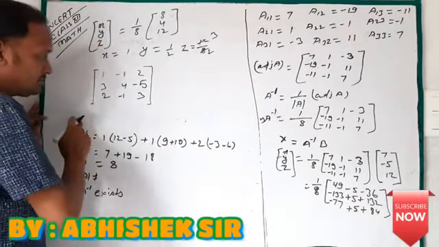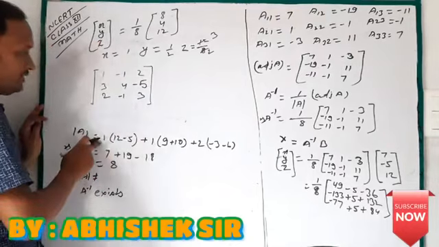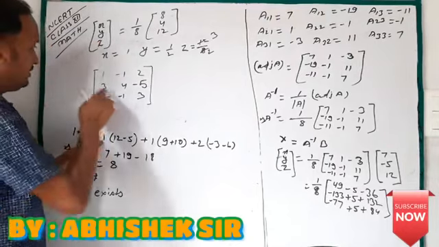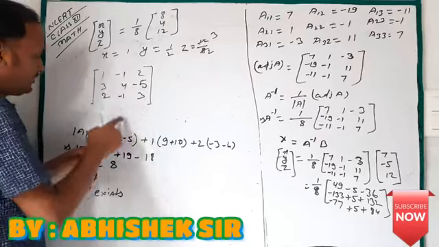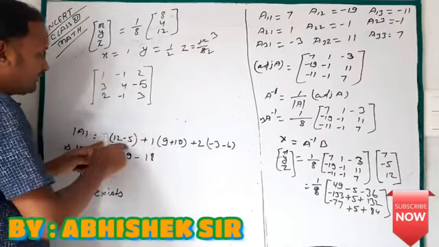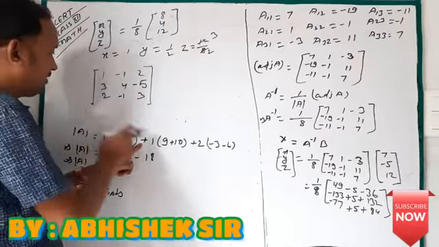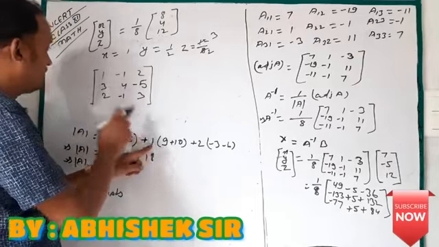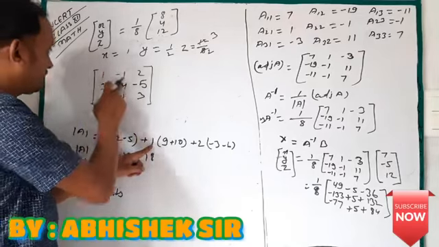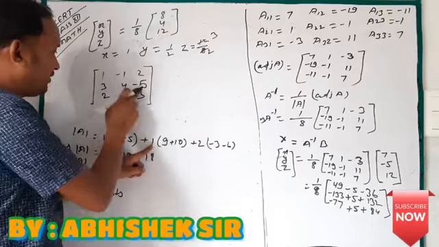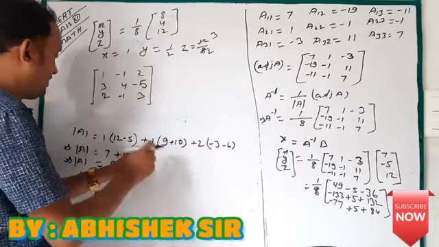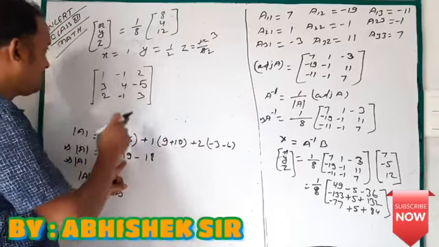Expanding along R1, first row, first column, 4 3 is 12, minus 5. Minus plus 1, first row, second column, 3 3 is 9, 5 2 is 10, plus 10, 19, okay.